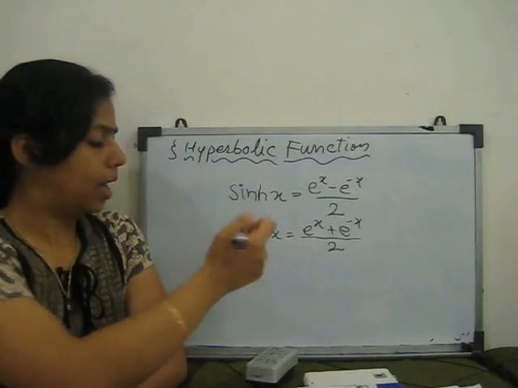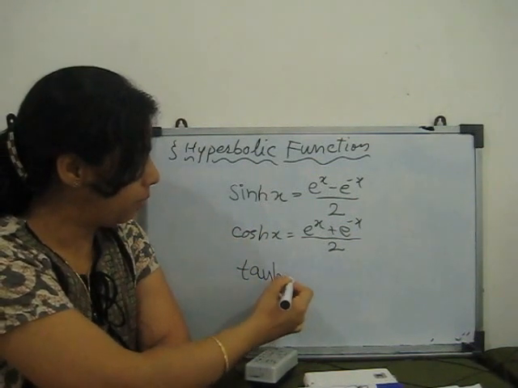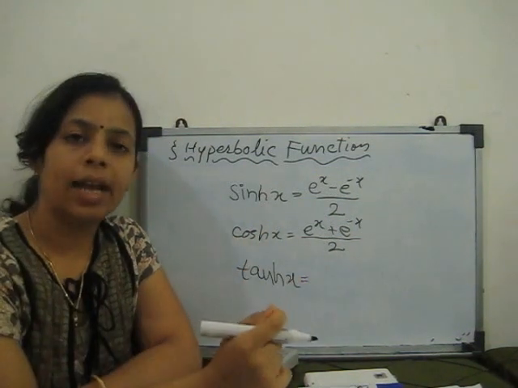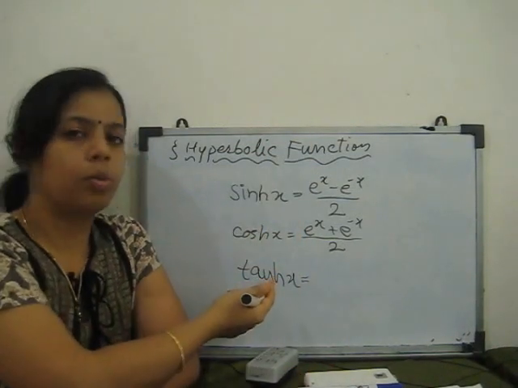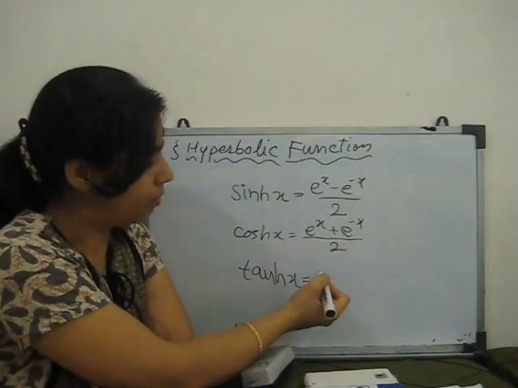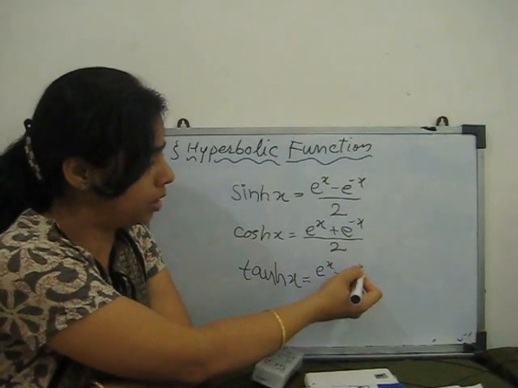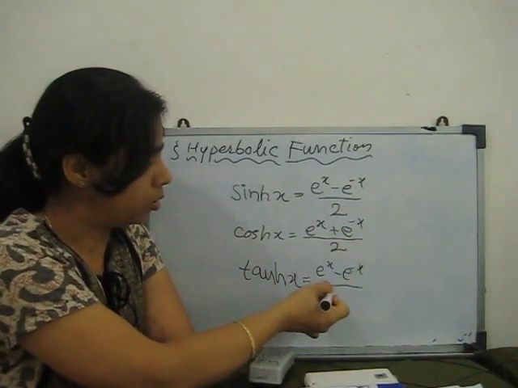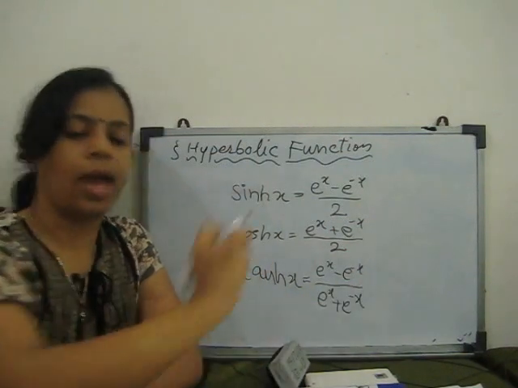If you want to derive tan hyperbolic, it's very easy. All relations are the same as trigonometrical functions. Tan theta is sine by cos, which means tan hyperbolic x is sine hyperbolic x upon cos hyperbolic x. You just divide it. So tan hyperbolic is e to the power x minus e to the power minus x, divided by e to the power x plus e to the power minus x.